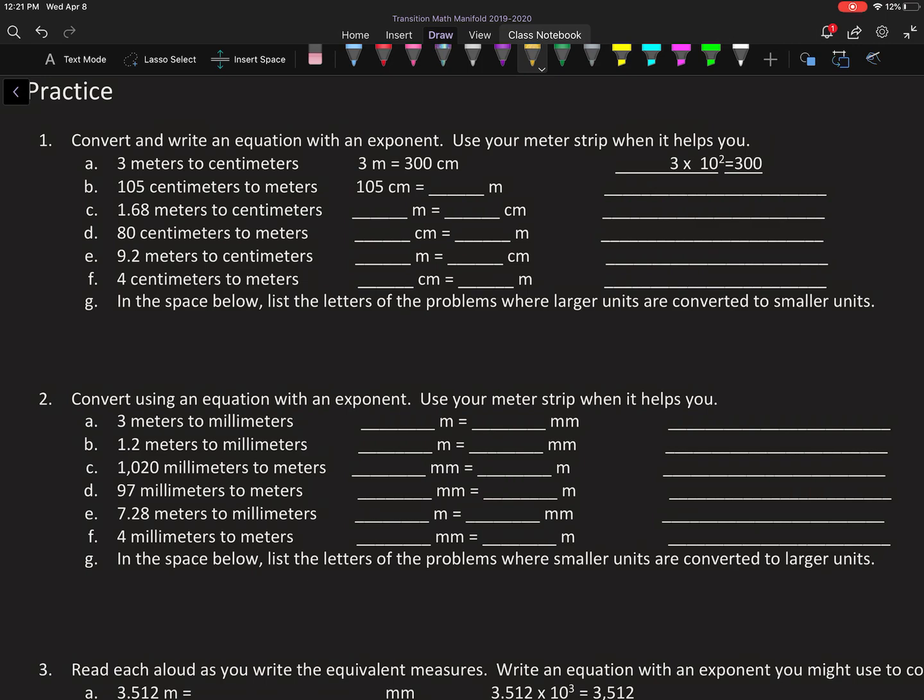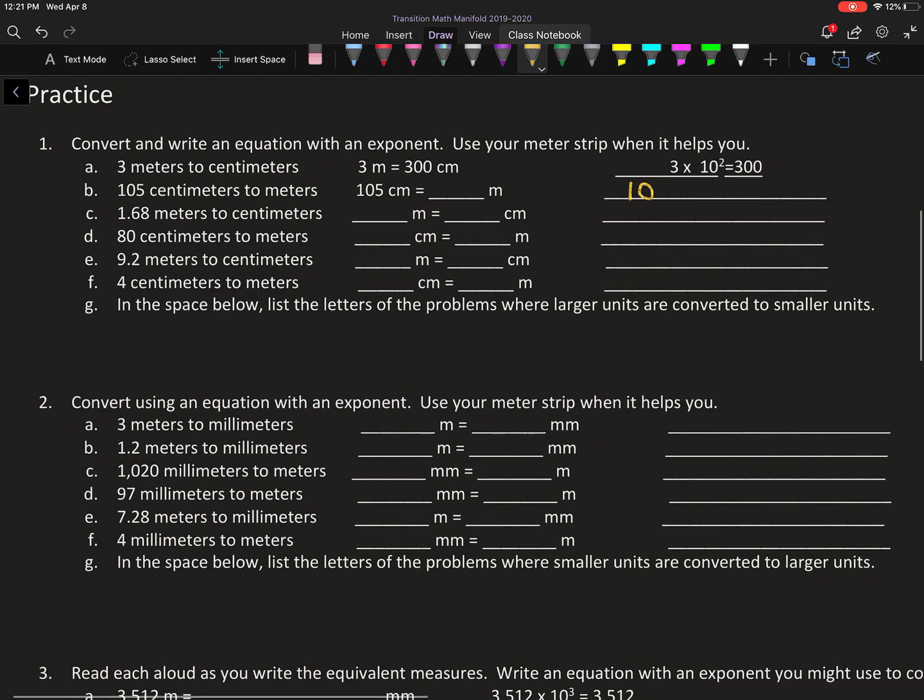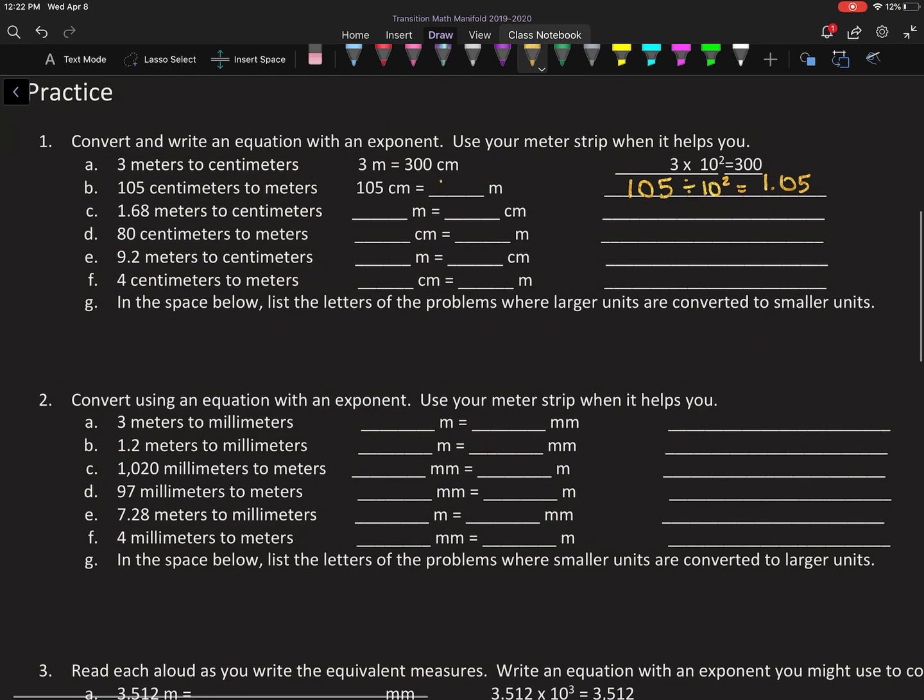And in this case, it's going to be the opposite of multiplying. It's going to be dividing. And so we've got 105 divided by 10 to the power of 2, which would end up being 1.05.